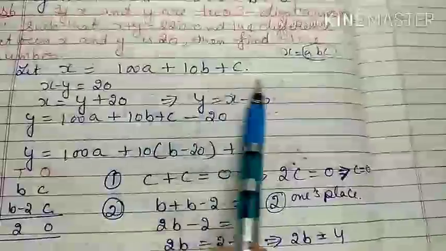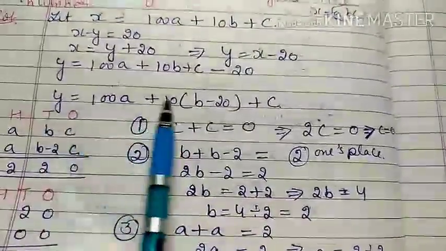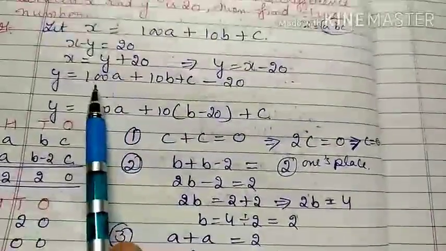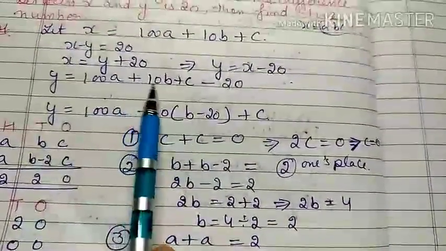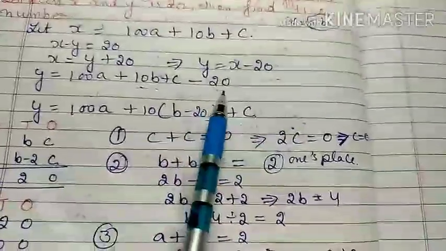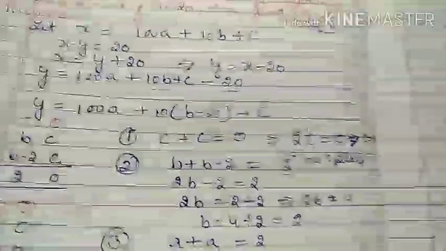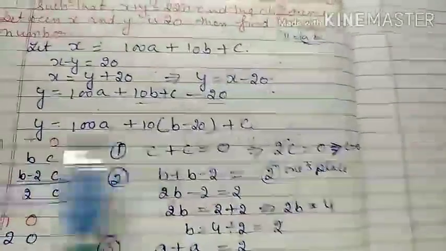I just replace the x value here in place of x. I got the value of y in 3-digit form: 100a plus 10b plus c minus 20. Now 10b and 20 are multiples of 10. That means they lie in the tens position.